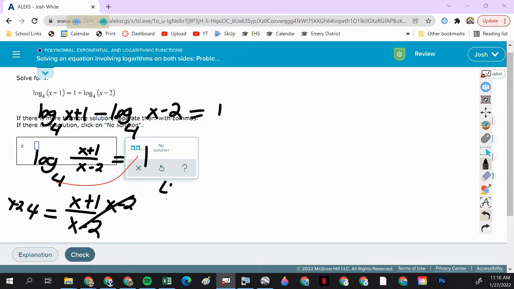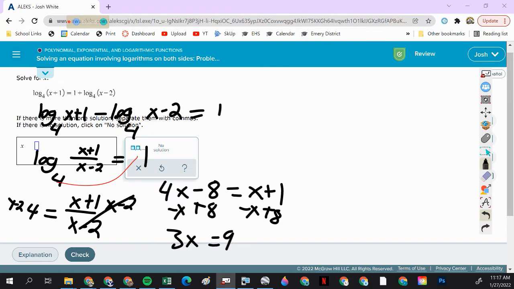And I get 4x minus 8 equals x plus 1. So x is 3. But I have to check that. Is 3 okay? Yeah. Yep, it works. Okay.